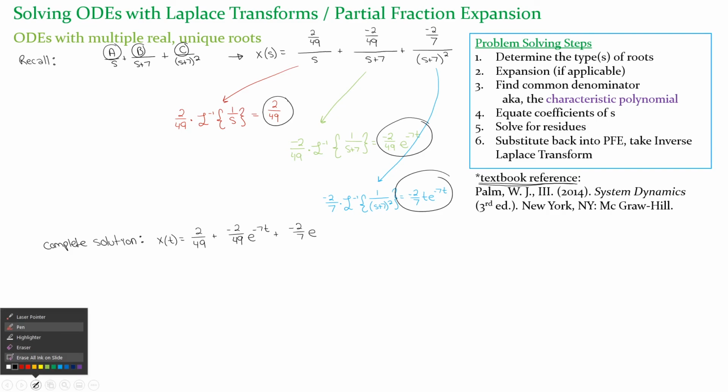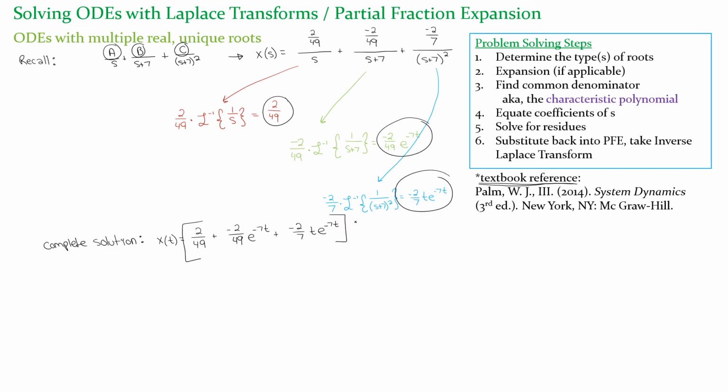Oops, there's supposed to be a t in front of that. And because we use the one-sided Laplace transforms, we are going to multiply this entire output expression by the unit step, which is u of t. And this is our answer.